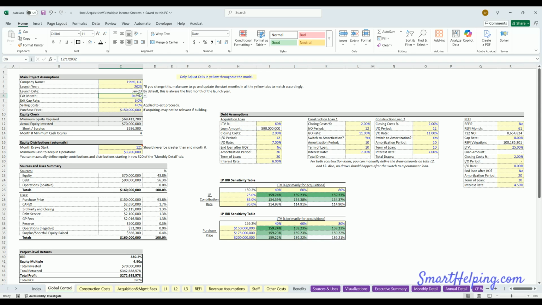So you get your drop down here for your exit month, because you might not want to do a full 10 years. You could do 5 years, 7, 3 years, what have you. And as you're adjusting these dates, make sure your other assumptions make sense with that, just as you would with any model, you would not put in something that doesn't make any sense.